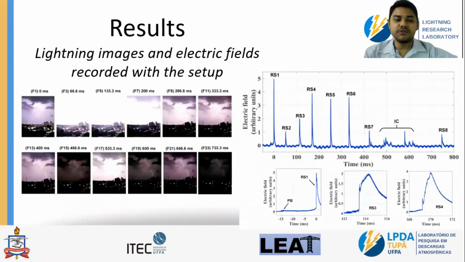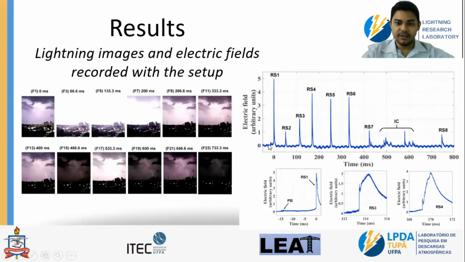Now let's move to the results of a natural cloud-to-ground lightning. On April 2 of 2020, we recorded images and E-fields of a natural cloud-to-ground flash containing 80 return strokes.